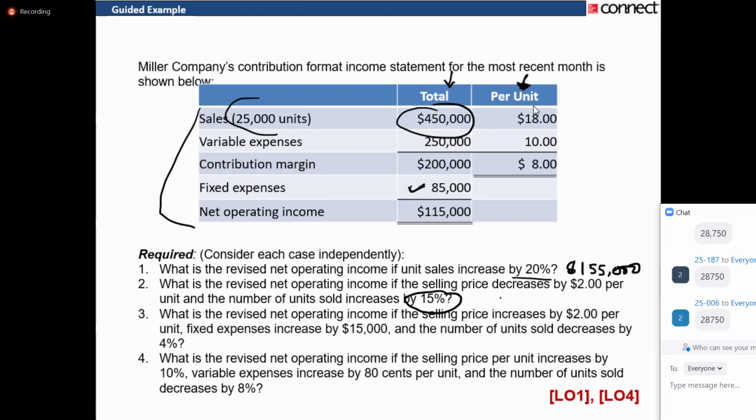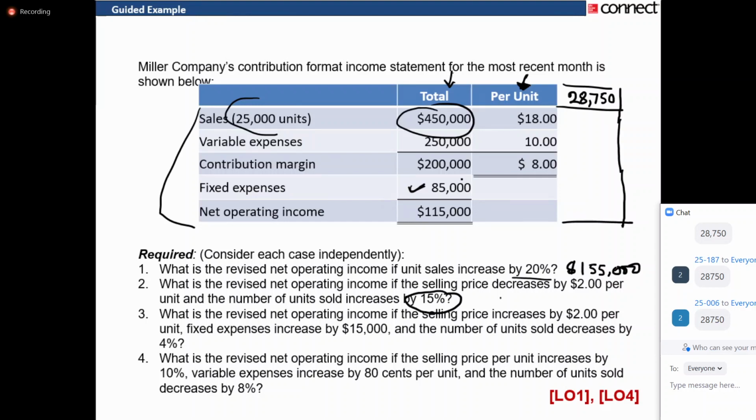The responses are coming. 28,750. Yeah. So now we would like to deal with the case of 28,750 units. This is the revised unit for requirement 2.